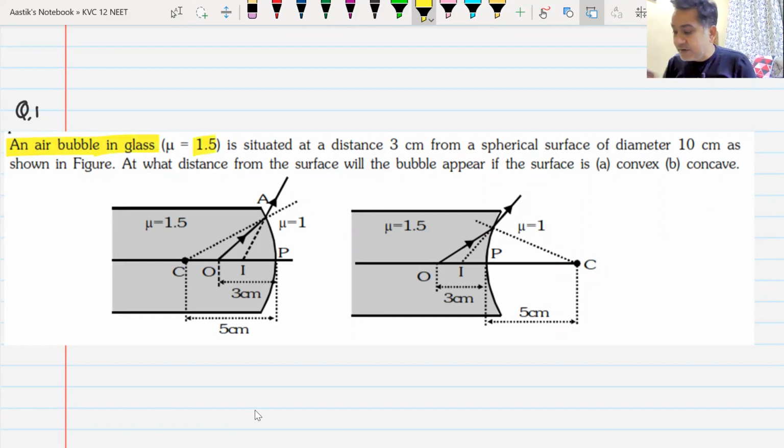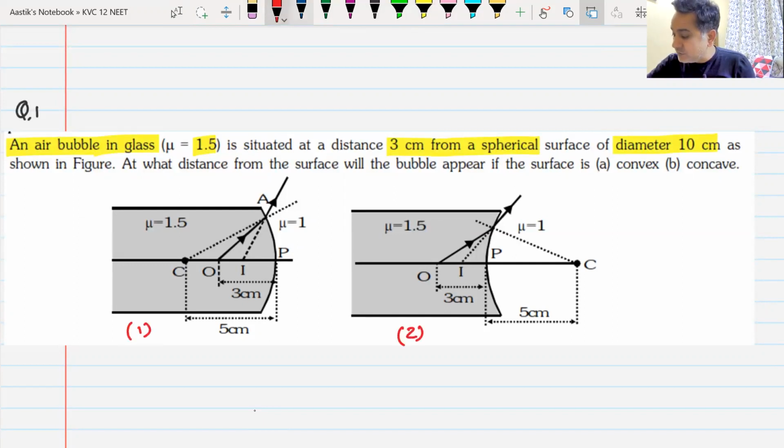Glass has a refractive index of 1.5 or 3 by 2. The bubble is situated at a distance of 3 centimeter from the spherical surface, whose diameter is given as 10 centimeters, as shown in the figure. So there are two figures. This is question number 1 and this is question number 2.